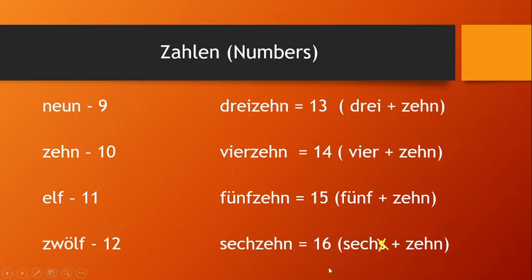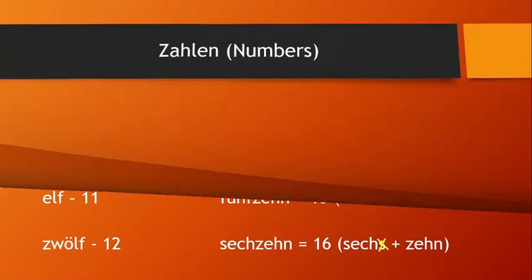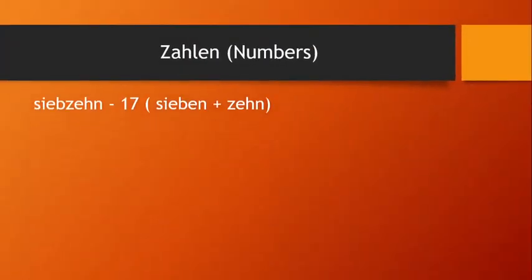Next, 17. Sieben plus 10. Even this is a bit different. Over here we need to exclude E and N. In English this is E and N, and in Deutsch it is A and N, do you remember?